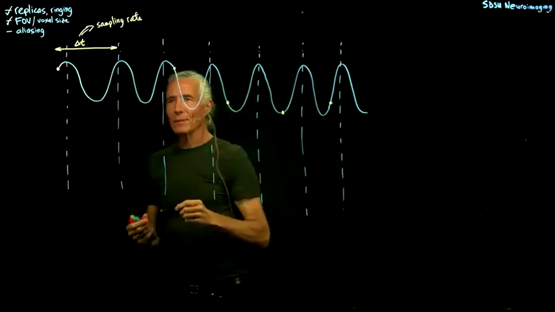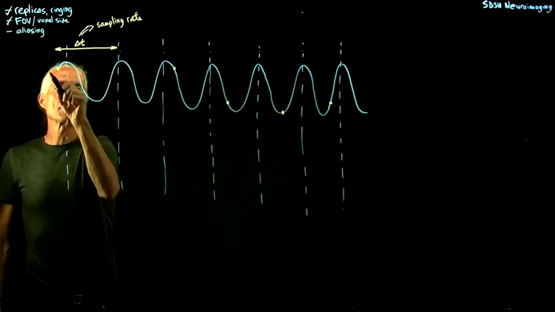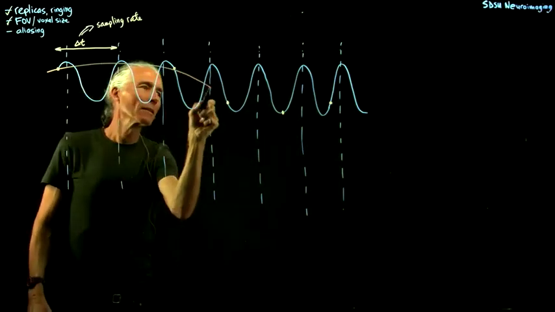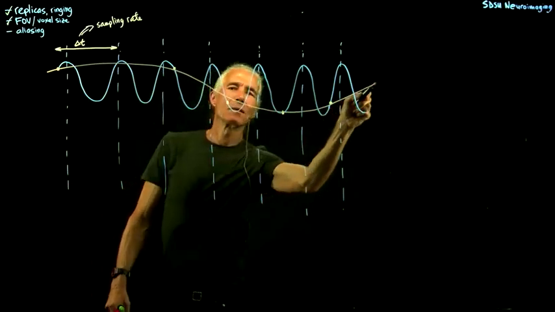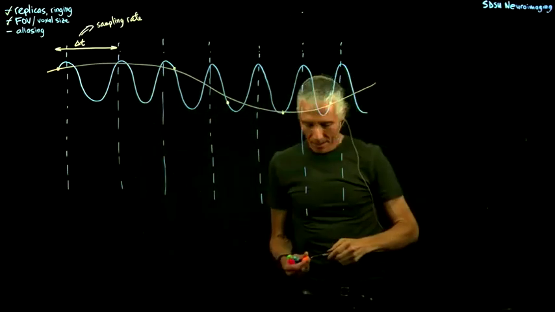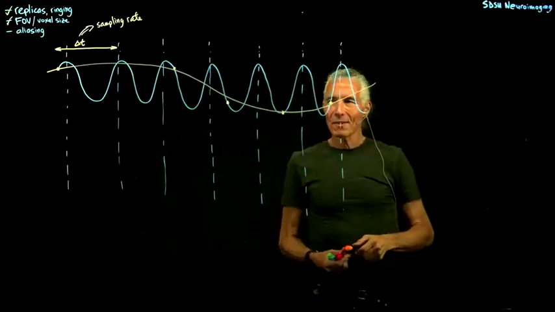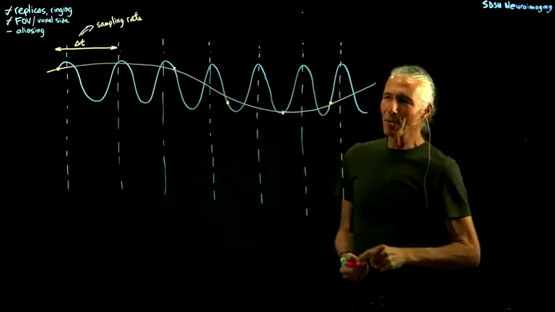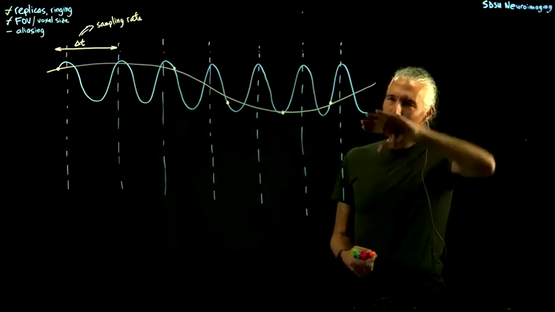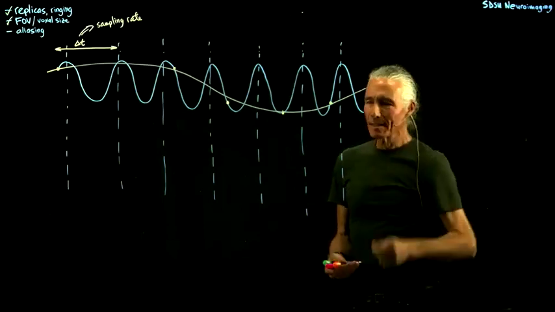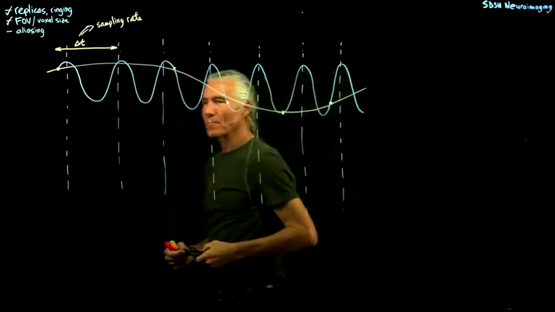So what happens? Well, we get something that looks like a low frequency signal. What is that? That's actually a replica. It's from a replica in the frequency domain.